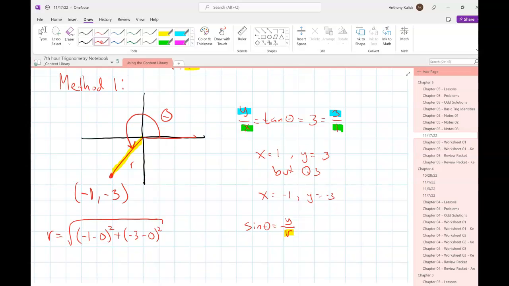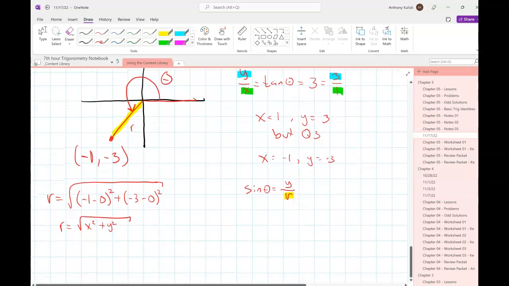What do you notice is happening here, though? What's the coordinate for the origin? 0, 0, right? So what's this just turning into? Looks like the Pythagorean theorem, doesn't it?